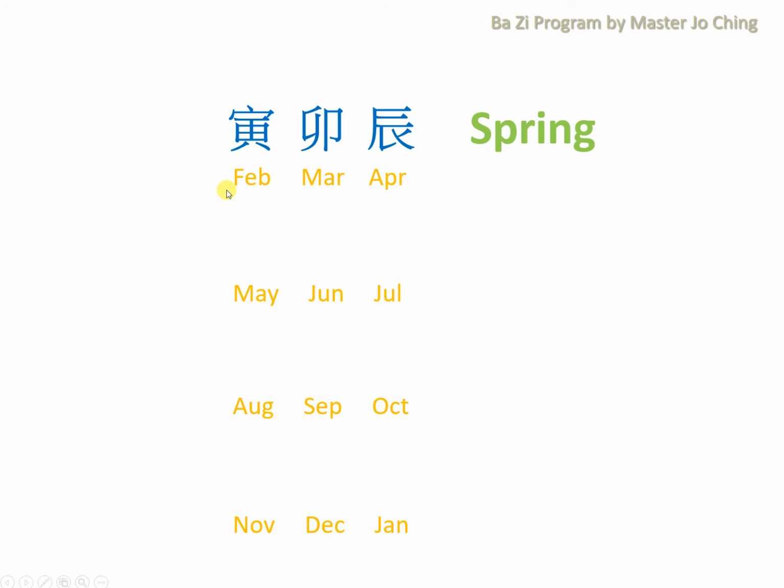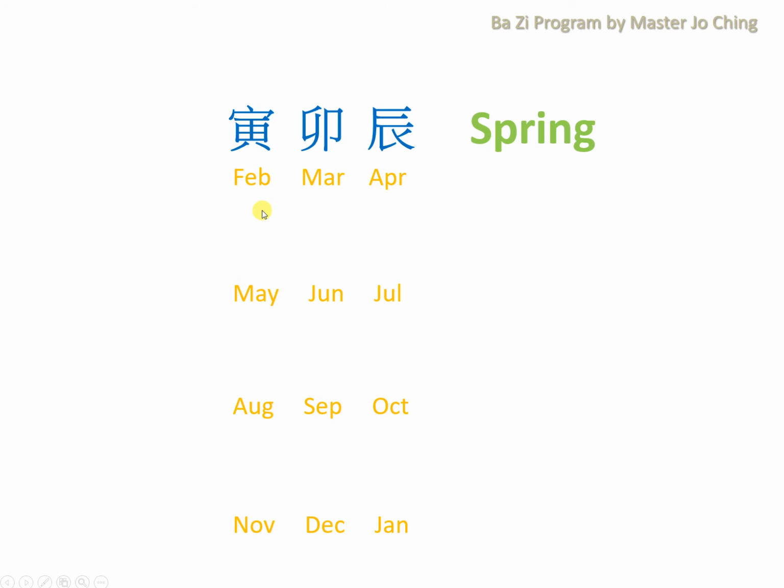So please note that we BaZi or Feng Shui practitioners don't start our year or month on the 1st, unlike the Gregorian calendar. Normally we start at 4 February. The transition point as you go further down the months will usually start the month on the 7th or the 8th. We'll come to that next time.